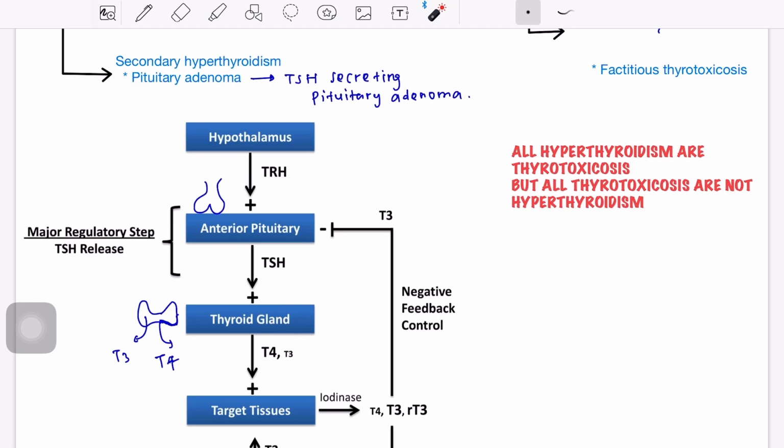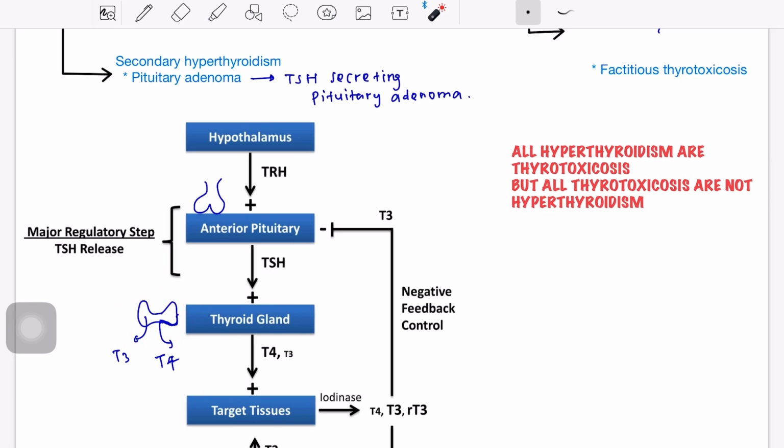From there it stimulates secretion of TSH. TSH goes and stimulates the thyroid gland, and from the thyroid gland T3 and T4 are secreted. As I said earlier, primary means the problem is in the thyroid gland itself.